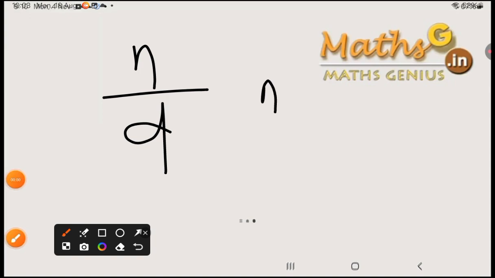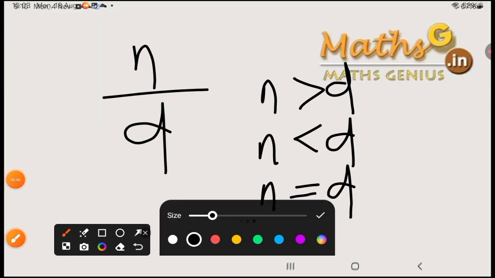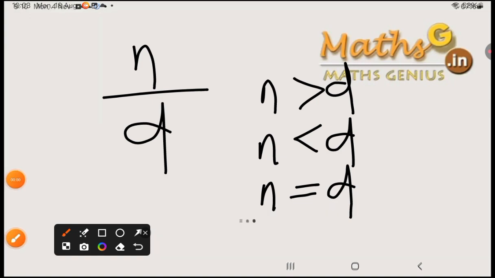Now depending on whether the numerator is greater than the denominator, the numerator is lesser than the denominator, or the numerator is equal to the denominator, we have three different types of fractions. So types of fractions.